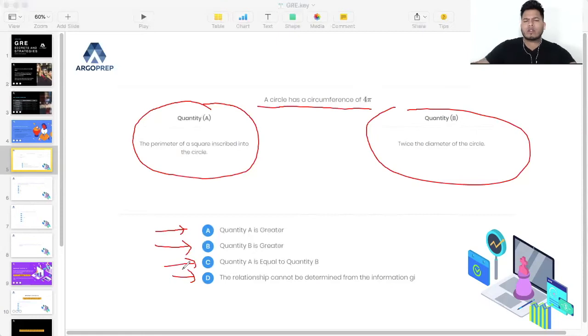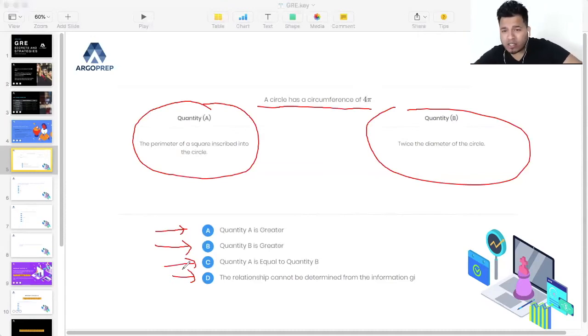A couple other things on quantitative comparison questions that I would like to talk about. Number one, quantitative comparison question types can be easily solved. Usually, they don't require more than 60 seconds. Most quantitative comparison questions do not require more than 60 seconds of your time. Number two, quantitative comparison type questions don't care about you doing very fine arithmetic calculations.